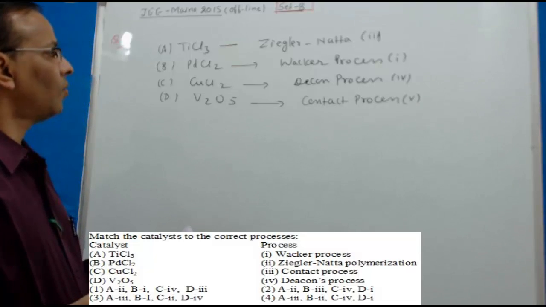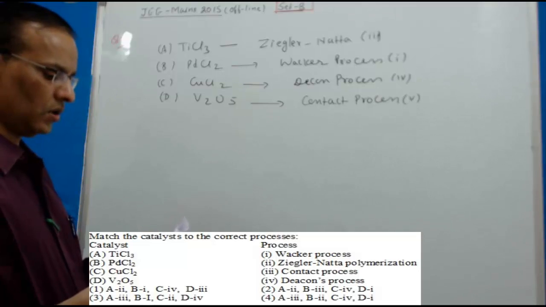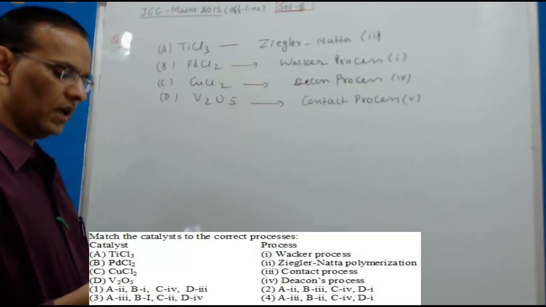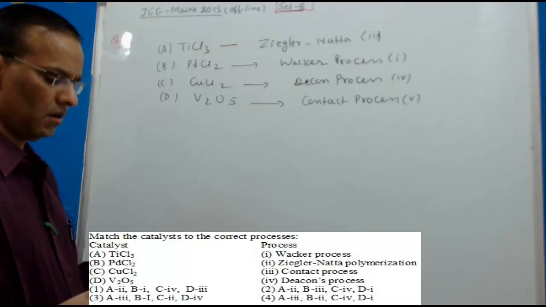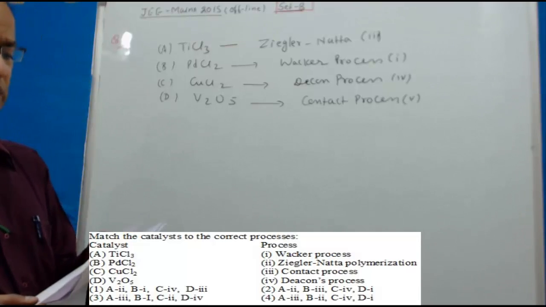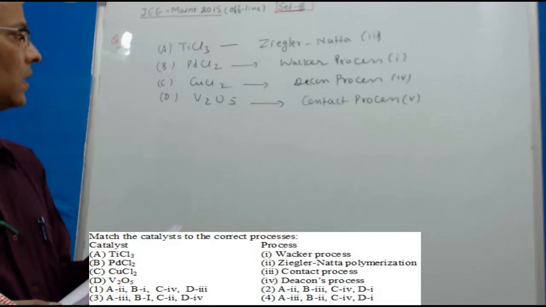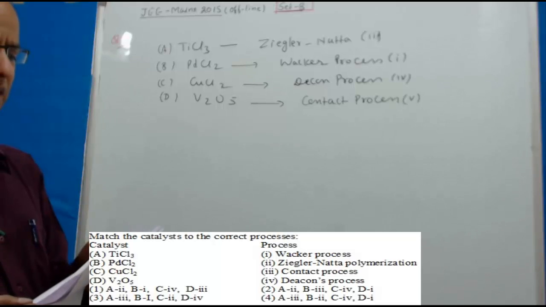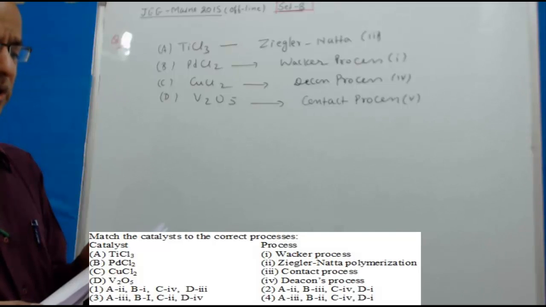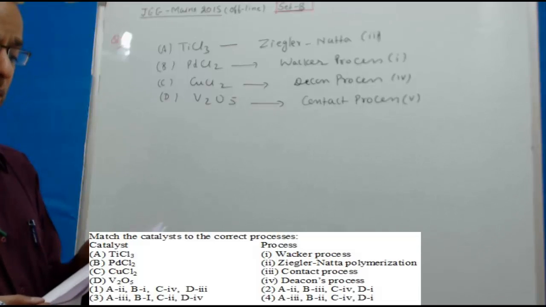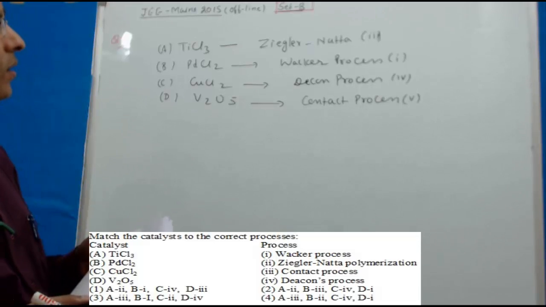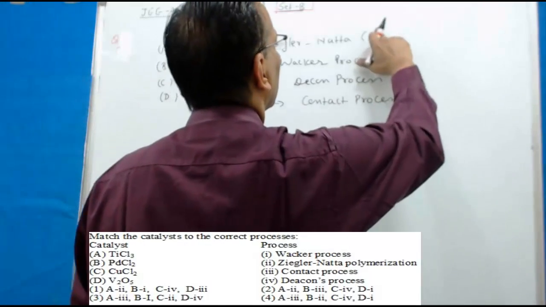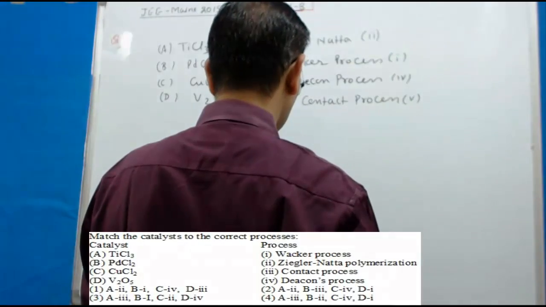A3, B1, C4. Sorry, no. The answer is the fourth one. A3, B1, C... where did 5 come from? C4 and D2. D, oh, something is wrong. The Ziegler-Natta catalyst is the second one.